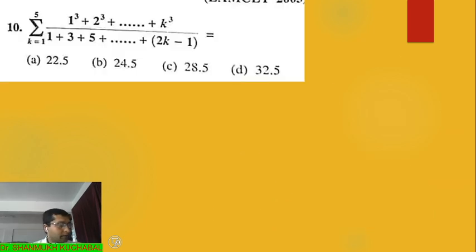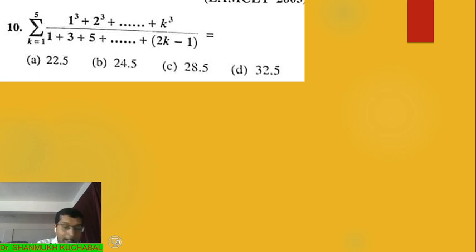Now we'll discuss example number 10. It is summation, k taking the values from 1 to 5, a sum of 5 numbers. See, 1 cube plus 2 cube plus so on up to k cube, divided by 1 plus 3 plus 5 up to (2k minus 1). This is our given expression.